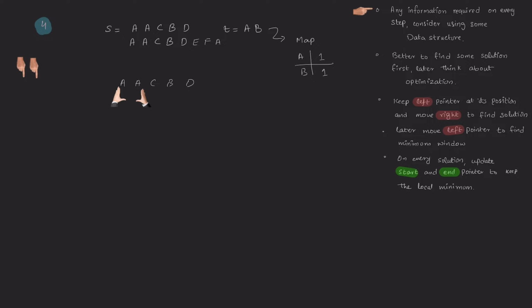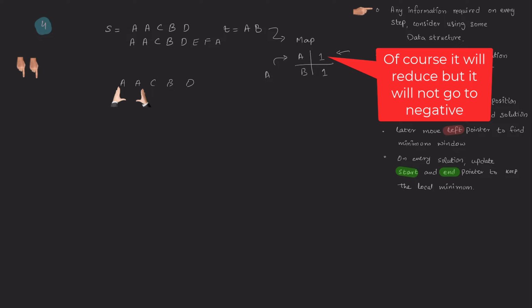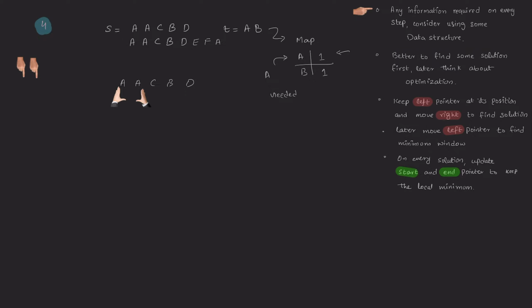Now let's go with the next step. Once we have moved the pointer, we have already found A, but this time you can see the A has come twice. Now 1 A is extra. That extra means, instead of reducing down to -1 or something, maybe we can introduce some other variable, say needed, or maybe we can say found, or like that.